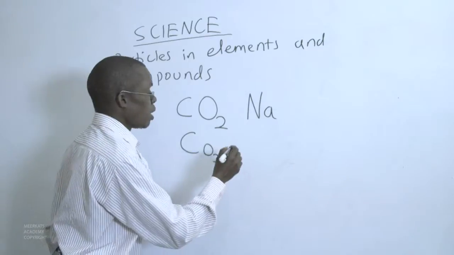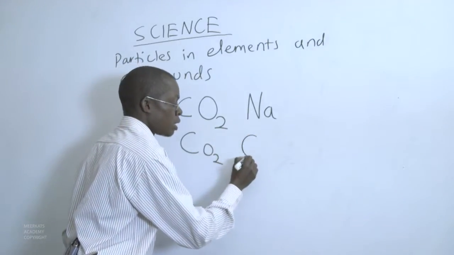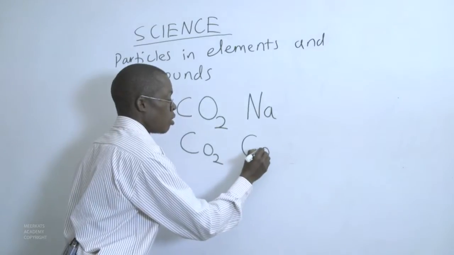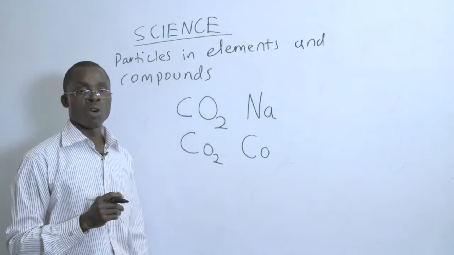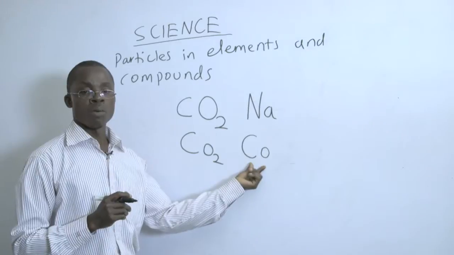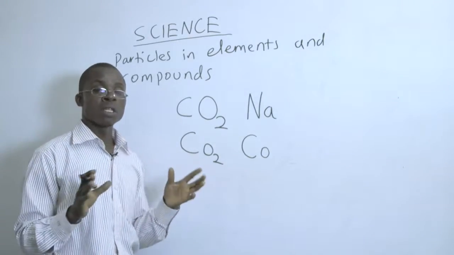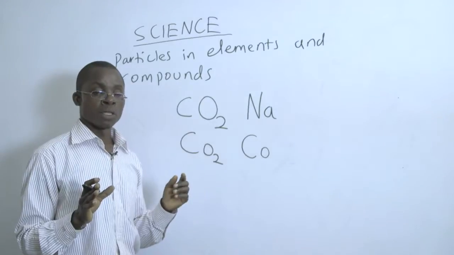Cobalt is where the first letter is a capital letter C and the second letter is O, but a small o, small letter O. This is cobalt. So looking at it and this one, you get confused.